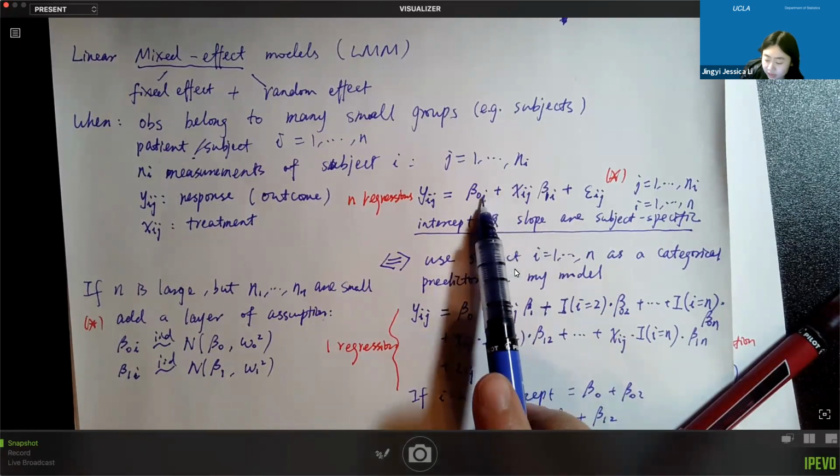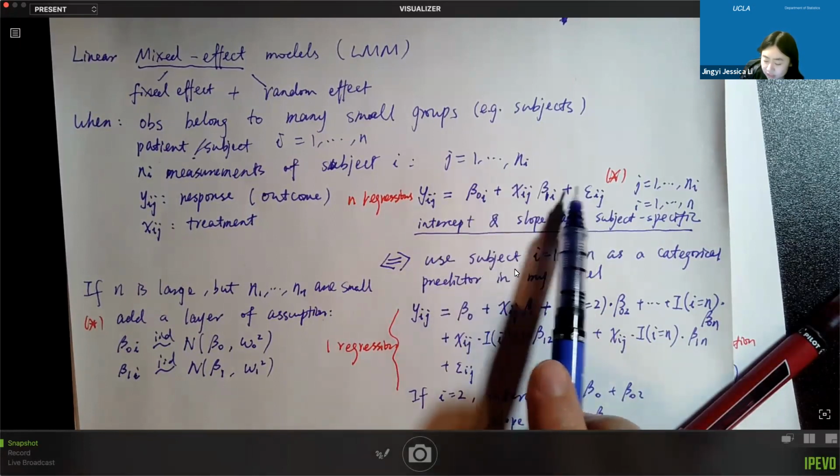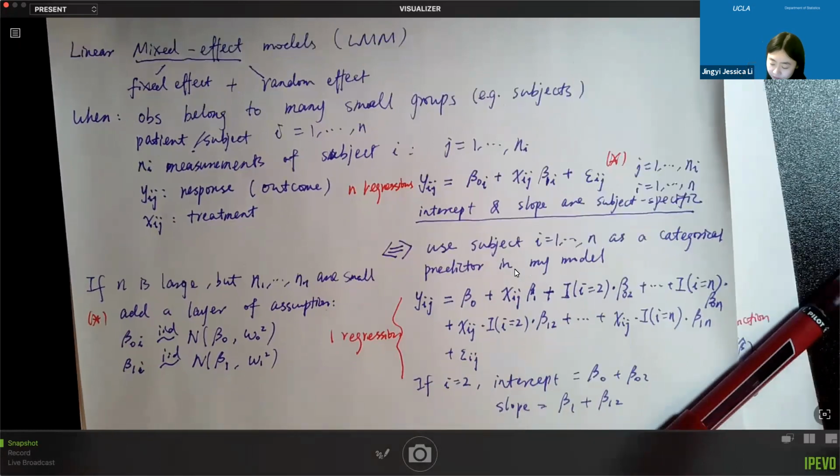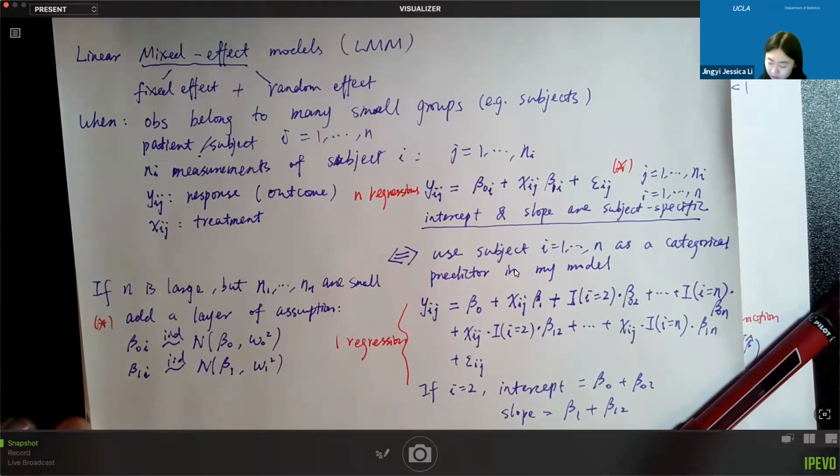So essentially, you see, I can now rewrite the star part as this. Just follow me closely.